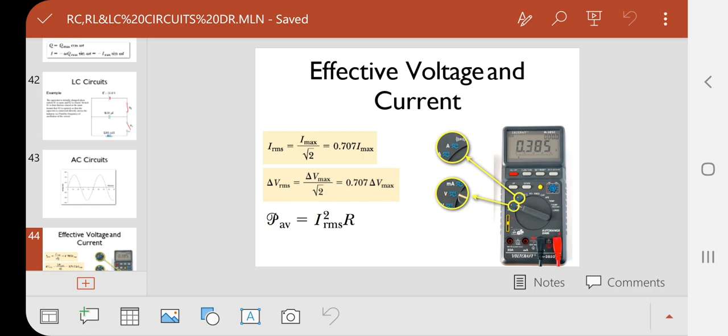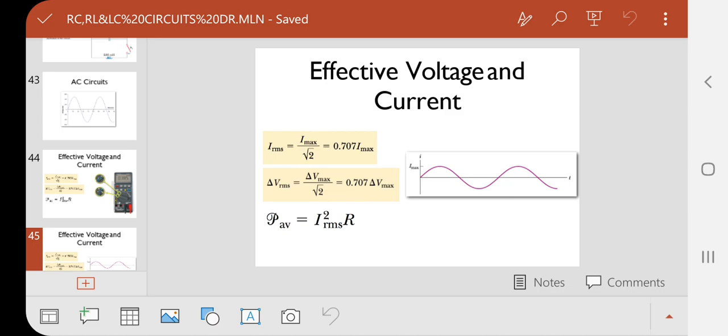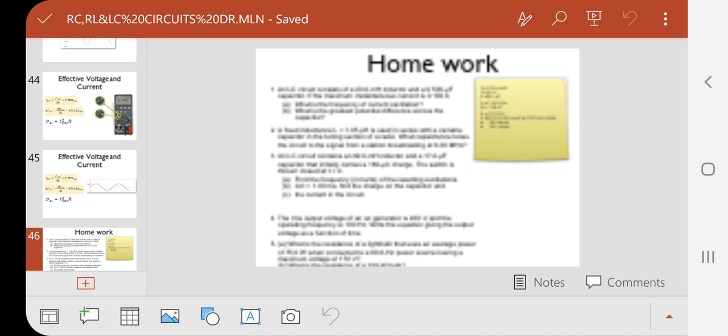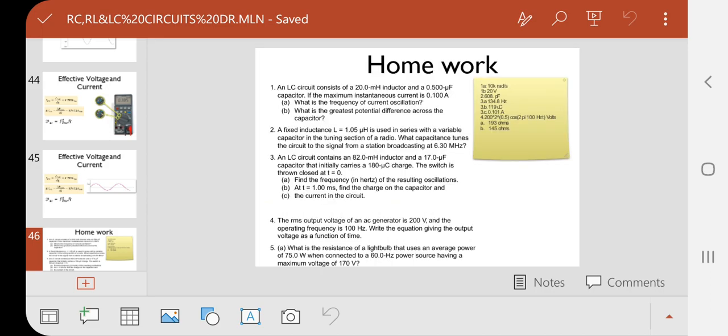Similarly, delta VRMS is 1 by root 2 of delta V max. Similarly, the average power is I square R, as you already know, IRMS square into R. So these are the effective voltage and currents, which relate to the maximum current and voltage respectively. These are all problems for you; you have to do them as homework.